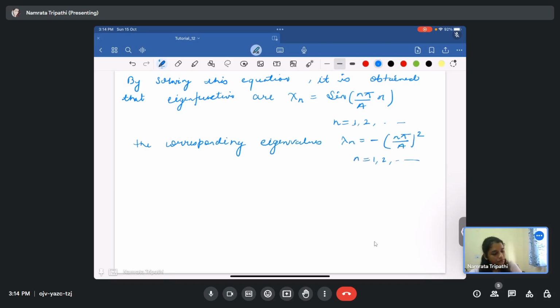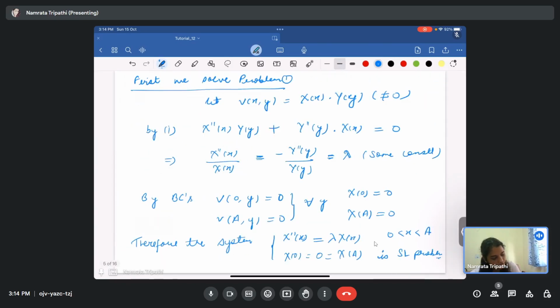Now we have to solve for y_n also, so that we can write the solution for v.